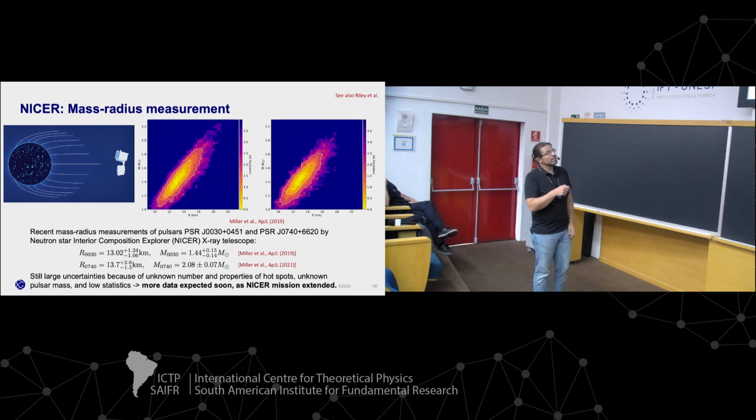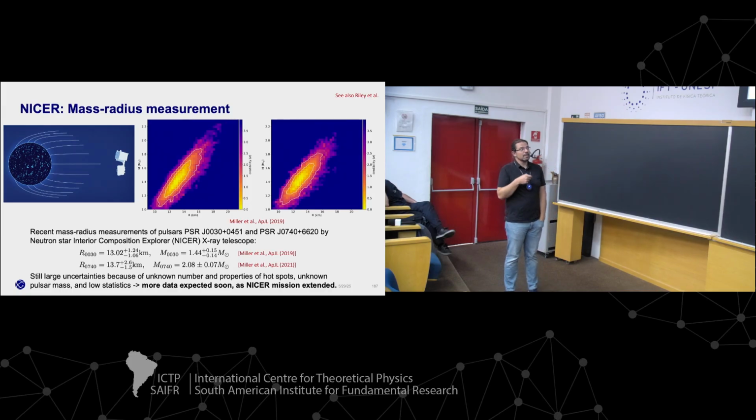And so you can do this, you measure masses and radii, and you get these posteriors. And now you say, the uncertainty is still pretty large, but it's still a piece of information, and the more data you accrue, the better your modeling will be. So that's pretty cool. And also, even though the uncertainties are large, this is a cool approach to understand what the radius of a neutron star is, I think.